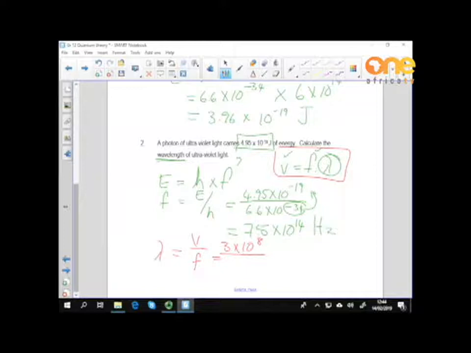We have worked out the frequency over here, 7.5 times 10 to the power 14. And that will give me a wavelength of 4 times 10 to the power minus 7. And this will be in meters because it's wavelength.